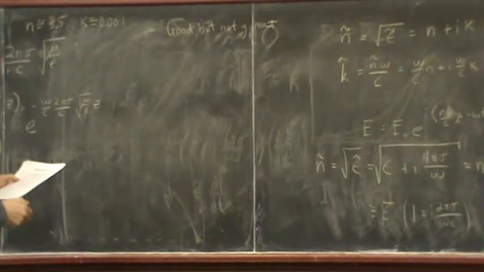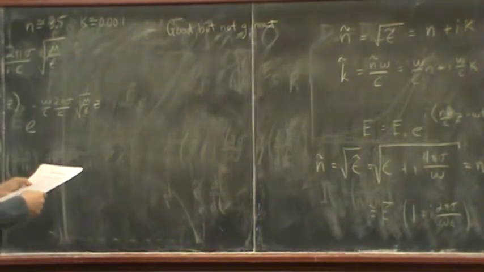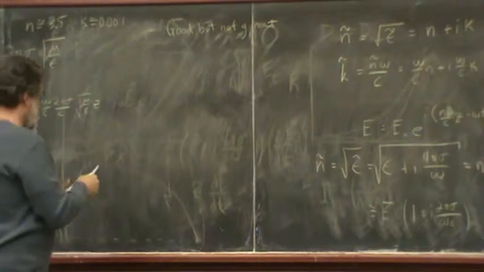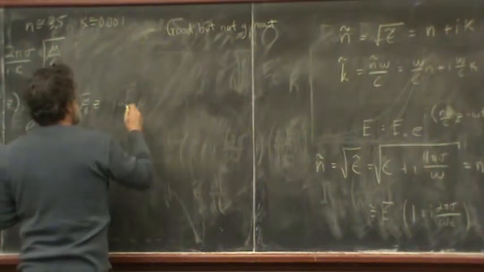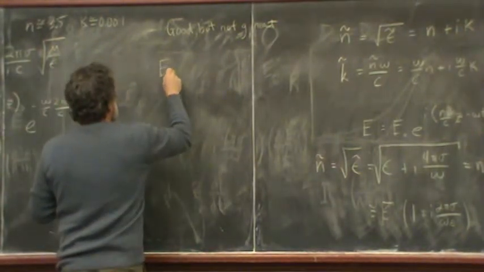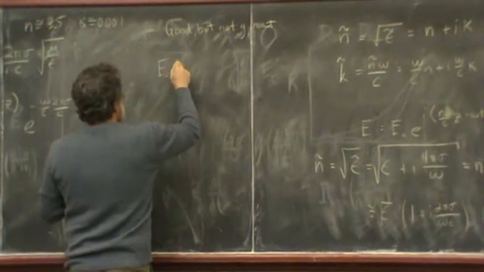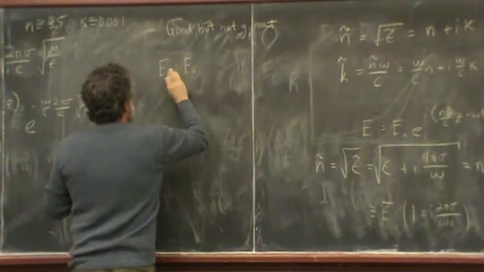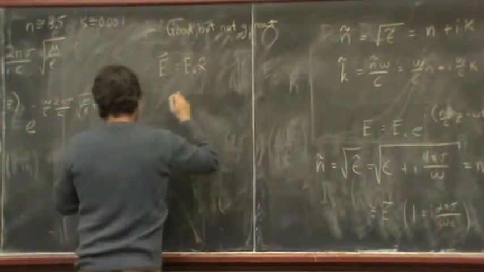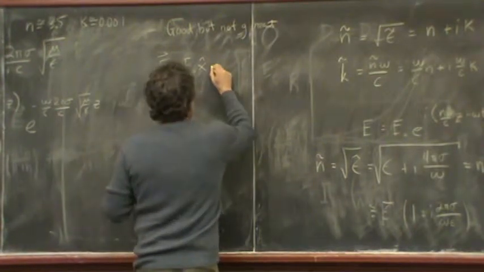All right. Then I'll write things. The solution looks like this. It looks pretty much the same. E0 x hat. I'm going to rewrite things a little bit.